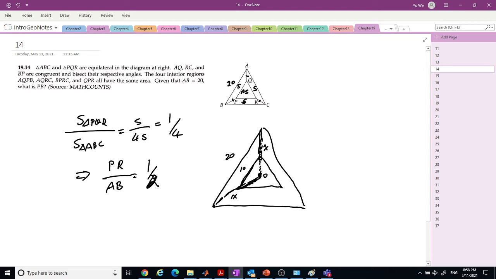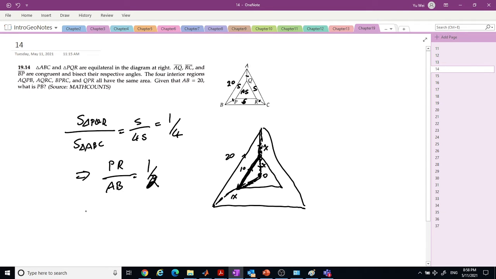So now you can see, right? So this one basically is the midpoint because it is parallel, right? So this is the midpoint. So that's why the x is equal to, this is also x, right?